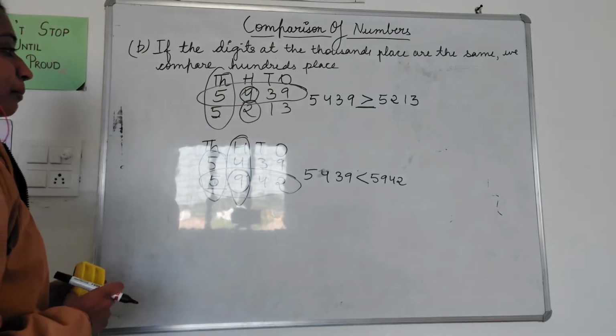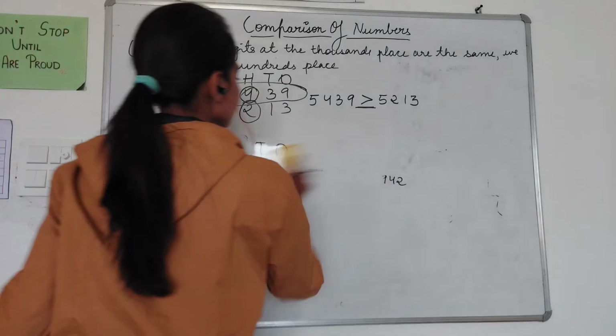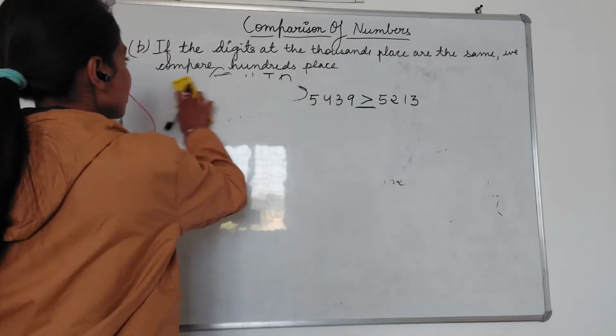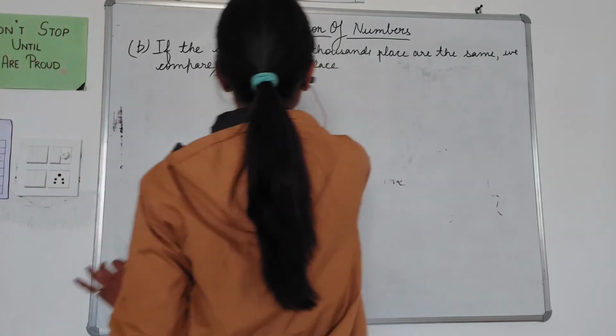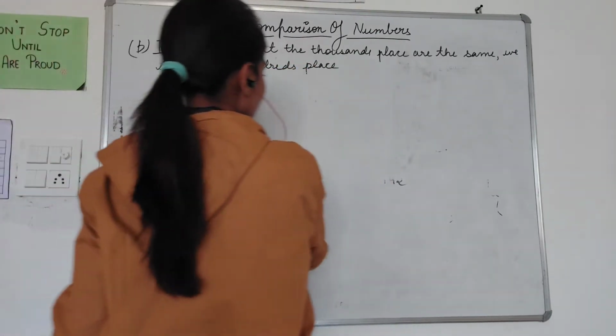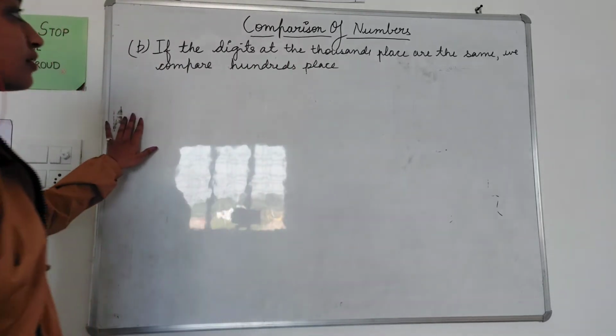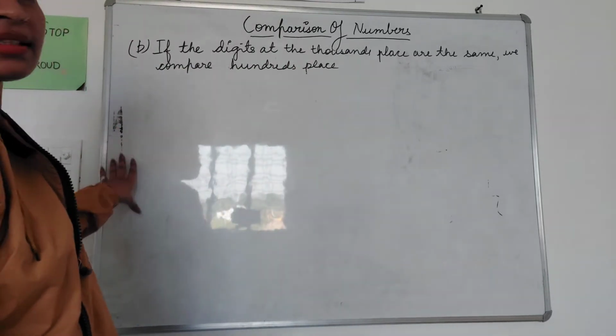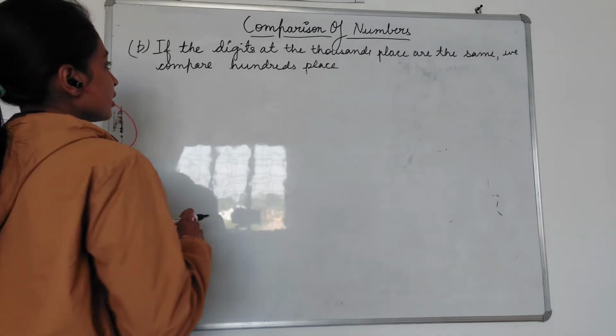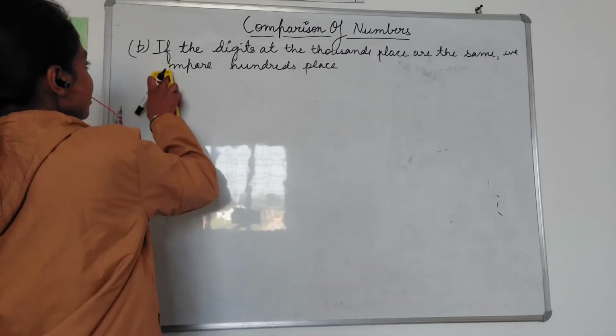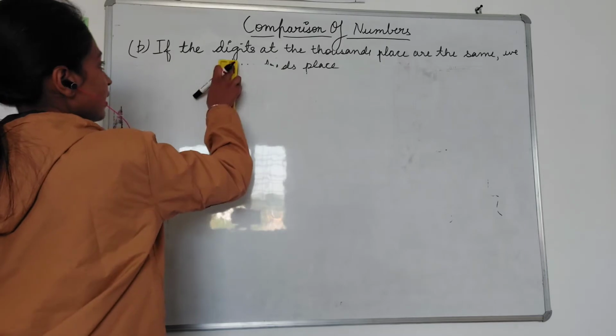ठीक है, अगर हमारे पास अब नेक्स्ट में क्या होता है, now if we have the digits at thousands and 100 places the same, then we check the tens place.